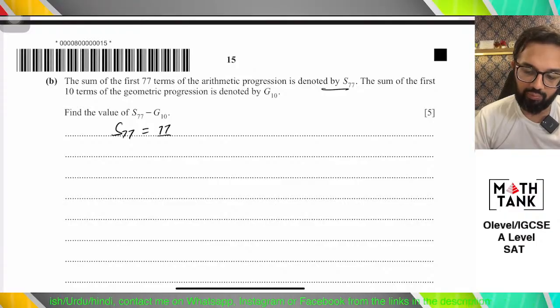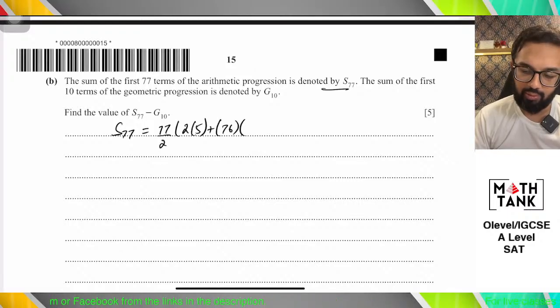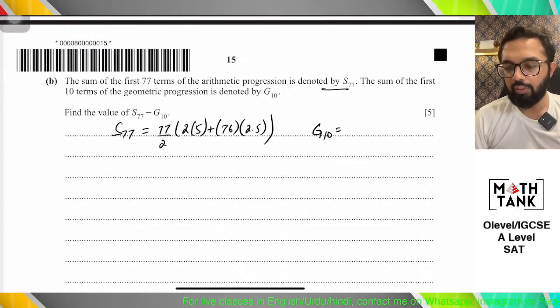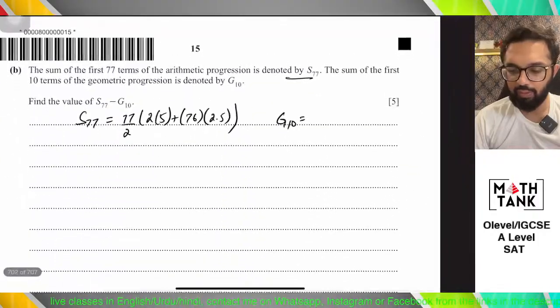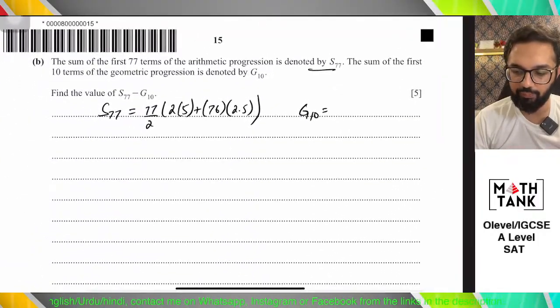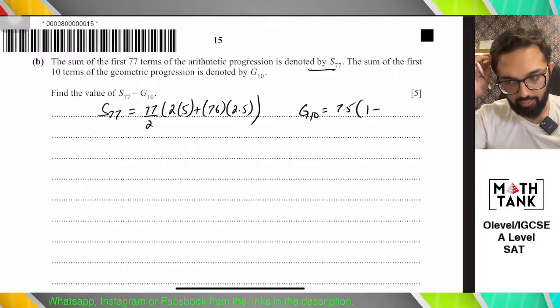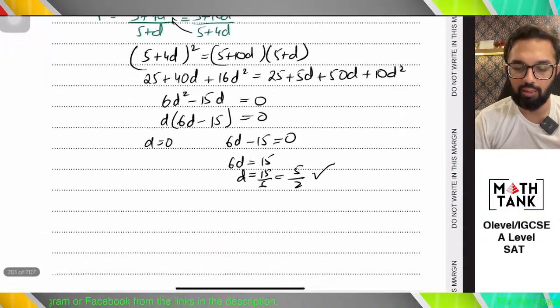So 77 over 2, 2a plus n minus 1 d, and d came out as 2.5. G10: the first term was 5 plus d, so 5 plus 2.5 is 7.5. Then 1 minus r. I don't have r. Let's go back and calculate r.